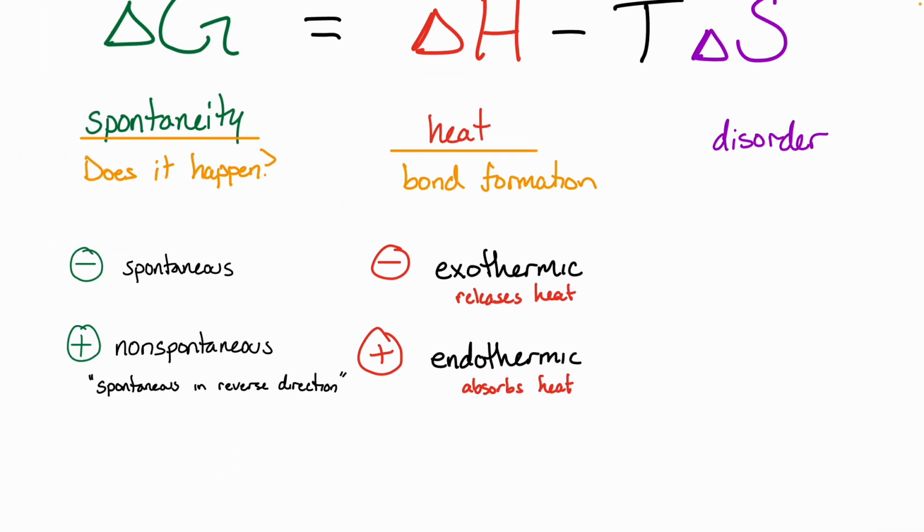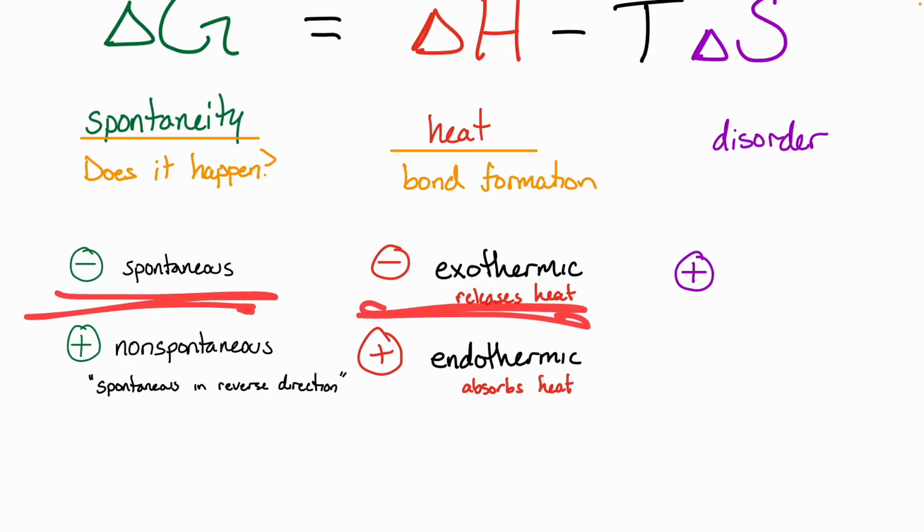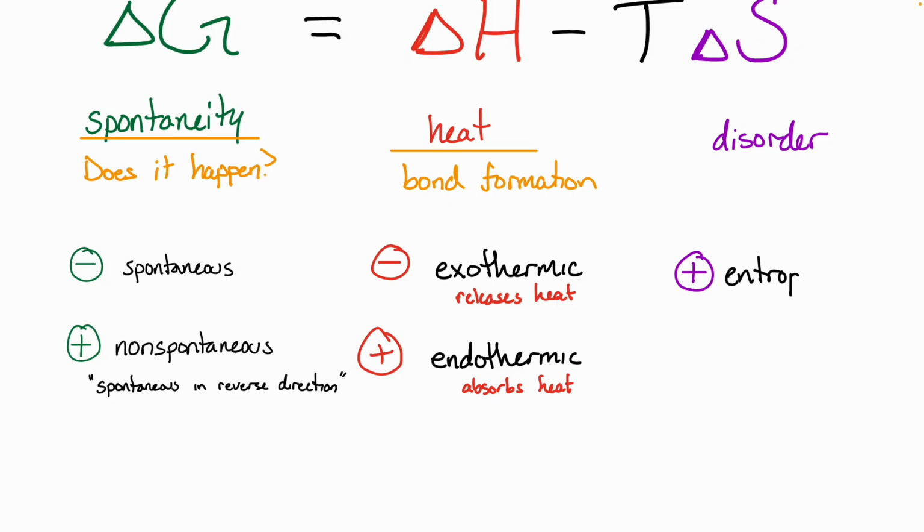And then delta S, a positive delta S is good. So from the universe's standpoint, a negative delta G is good, a negative delta H is good, but a positive delta S is an entropically favorable reaction, meaning that it does create disorder.